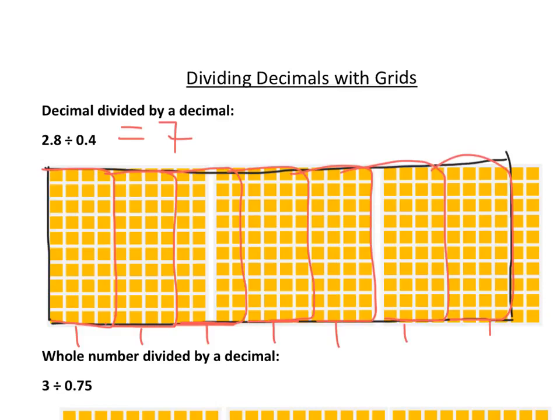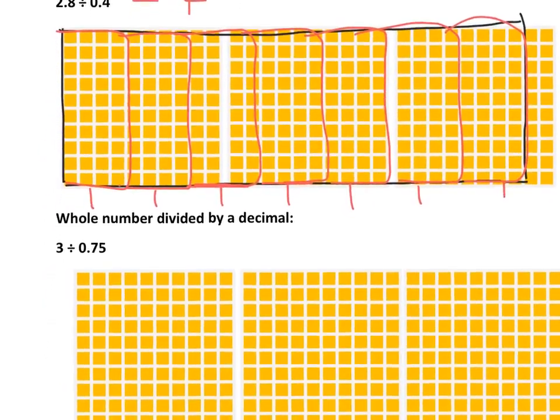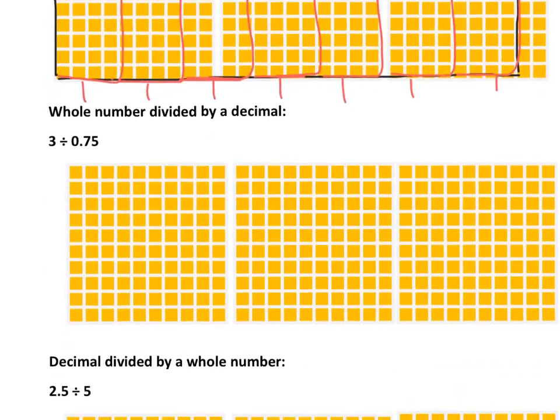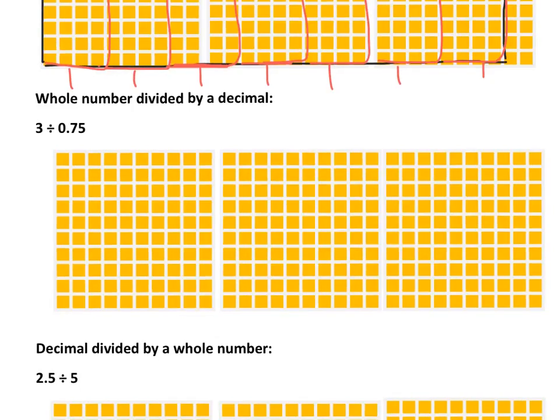The next type of problem with dividing decimals with grids is a whole number divided by a decimal. So I have 3 wholes divided by 75 hundredths. That could be represented by 3 grids, which is my 3 wholes, and I want to make groups of 75 hundredths.